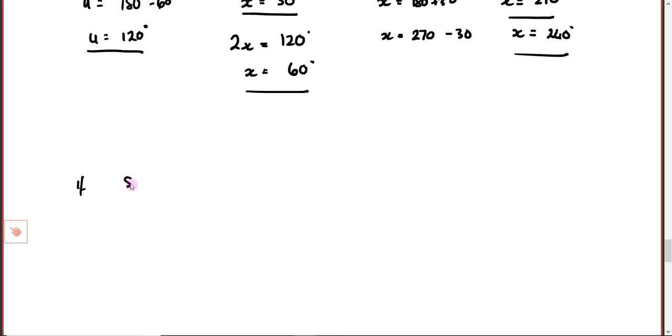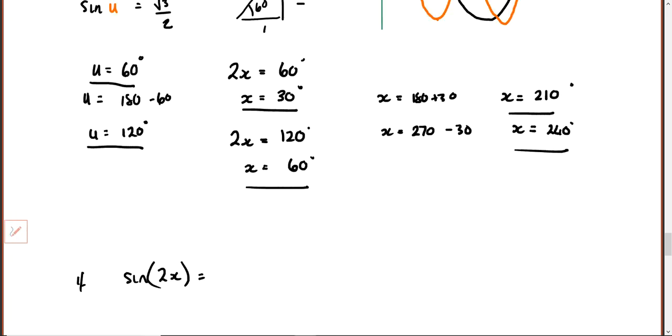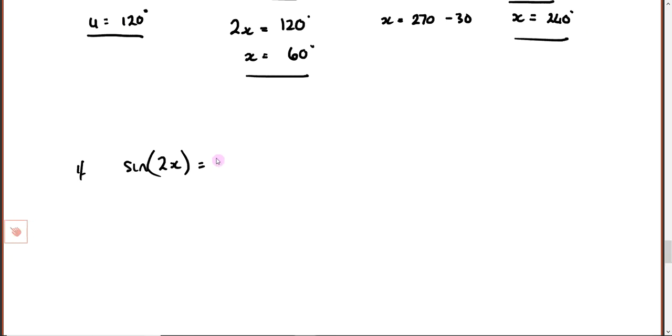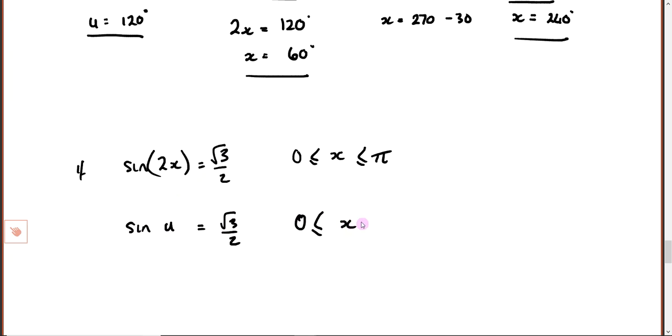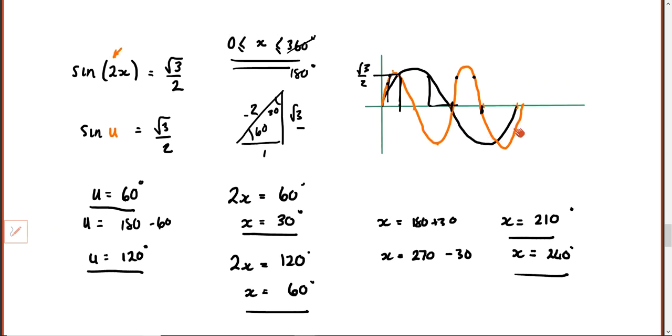So that's where they're saying, right, if I want to solve sine of 2x equals, what was it again? Root 3 over 2 for the domain 0 to pi, I would actually need to solve sine of u is equal to root 3 over 2 from 0 to 2 pi. So the way I like to do it myself, it makes it better in my head, is that I just shrink the graph and then consider afterwards how many solutions I have.